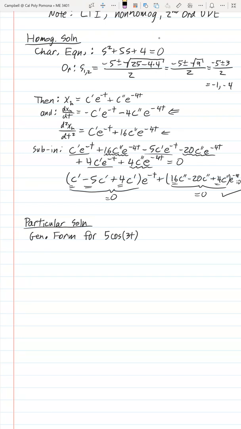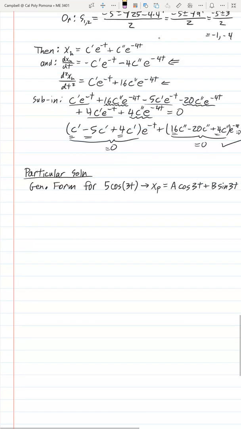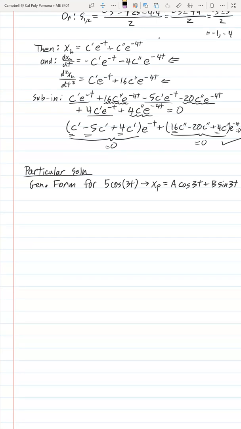Okay, so 5 cosine 3t maps into an assumed form for the particular solution of a times cosine 3t plus b times sine 3t. So then our derivative chain looks like this.